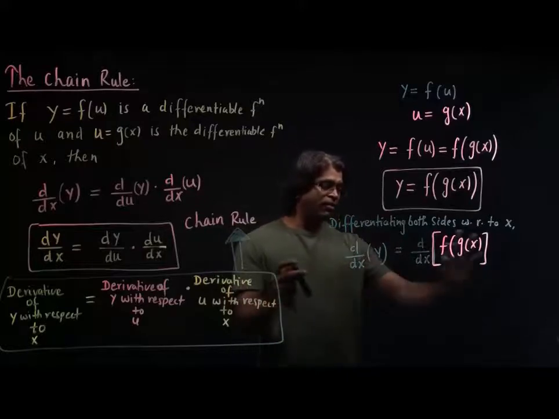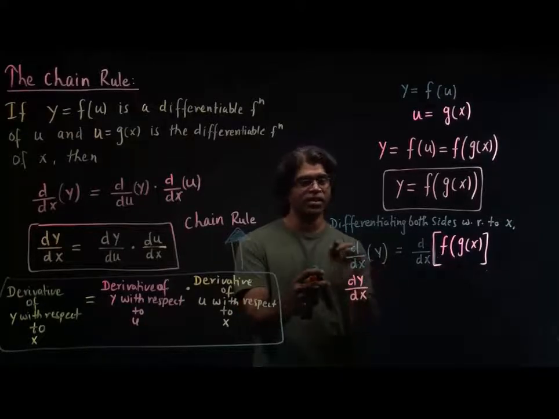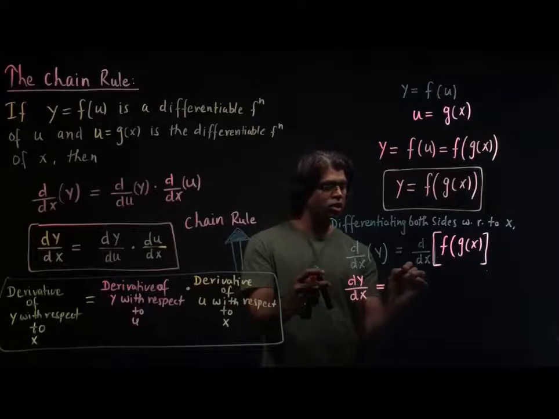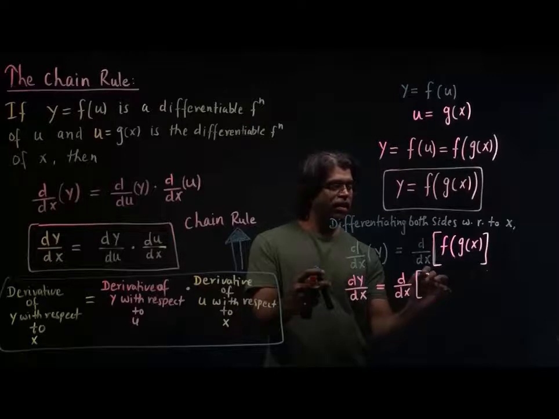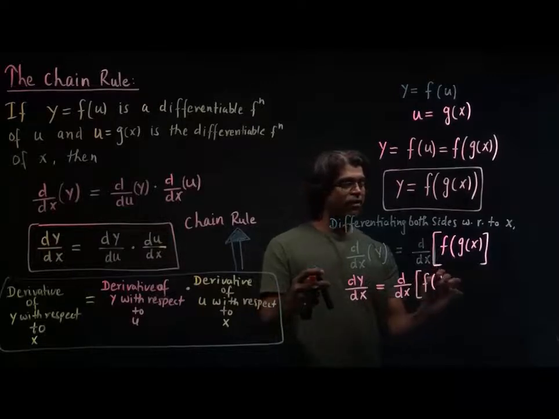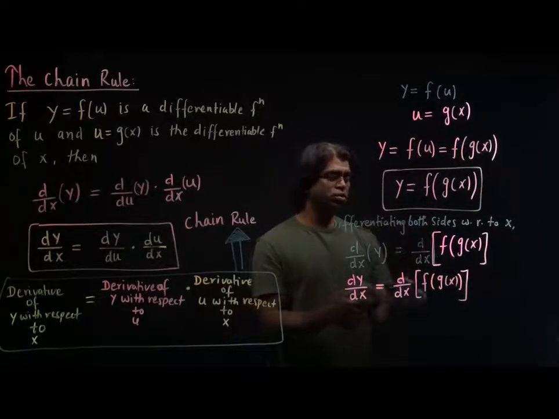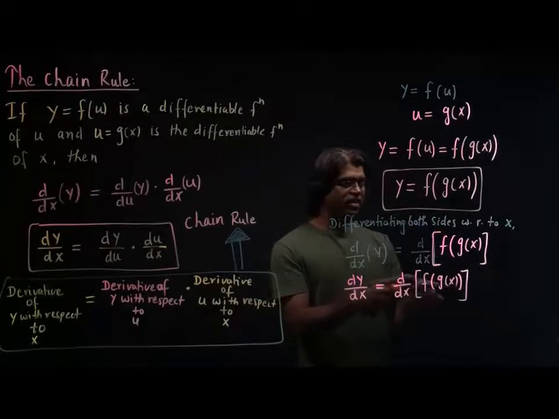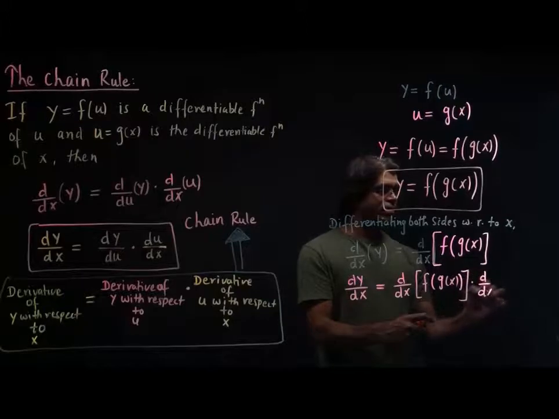So if I finish the differentiation, I will write dy over dx, because I am differentiating y with respect to x, that is equal to d by dx of f of g of x, because f is a function of g and g is basically u, times d by dx of g of x.